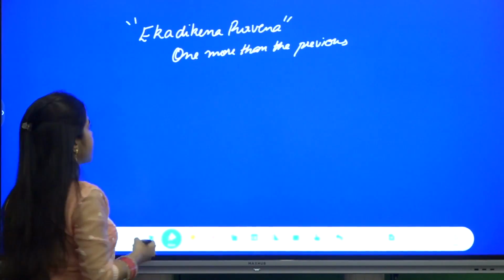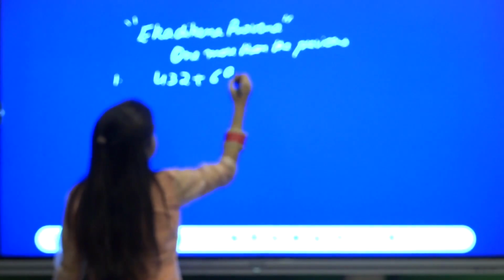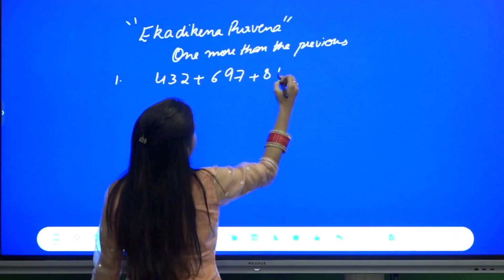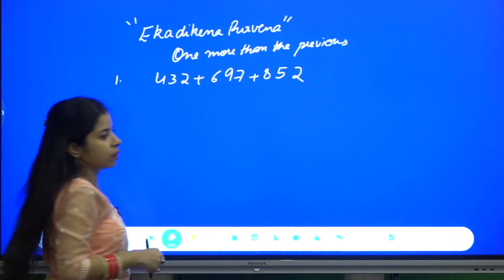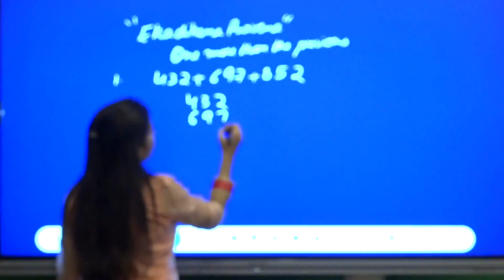Let us take an example. Say, if we have to add 432 plus 697 plus 852. In the first step, we are going to write the numbers in the row form.